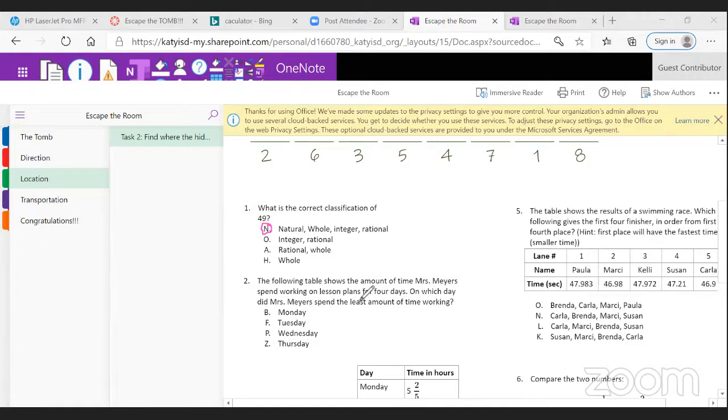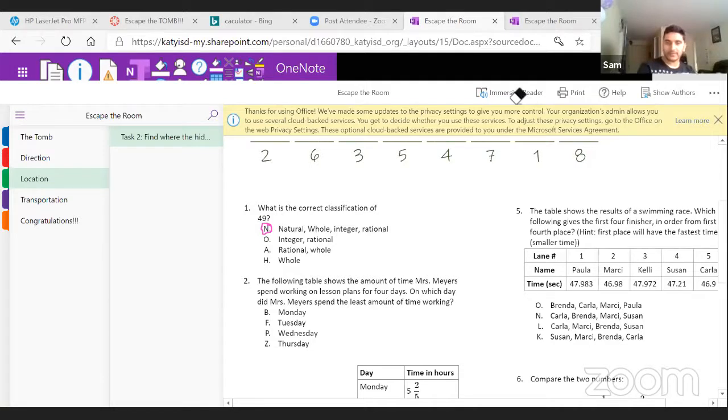On which day did Miss Myers spend the least amount of time? Can you scroll down a little bit?